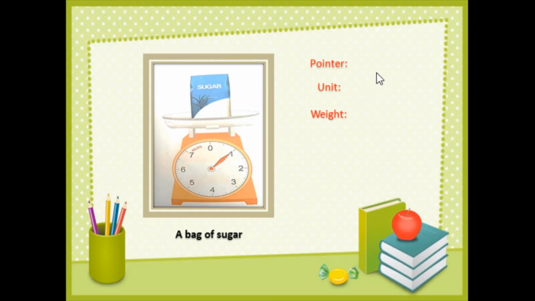So you write 1. What did I tell you? The bigger numbers are for kilograms and the smaller divisions, they are for grams. So since this is big, our unit is kilogram or kg. Again, this is kilogram. Therefore, our weight is 1 kilogram.